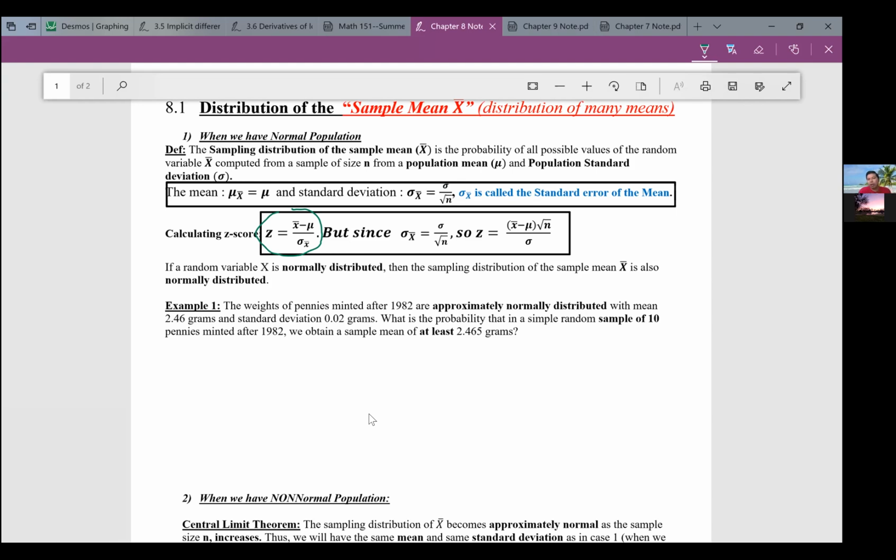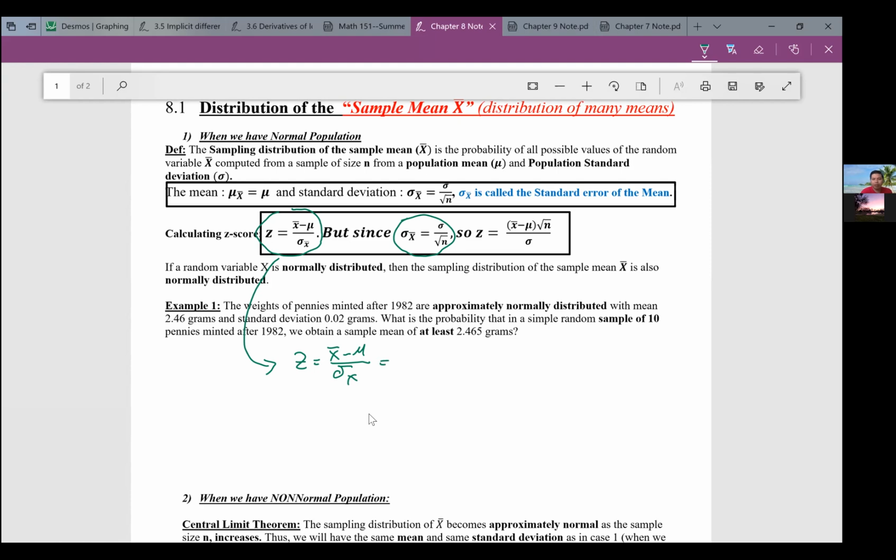However, there's a modification of that formula where we can go directly and use it without doing the second step. We consider sigma x bar is equal to sigma divided by radical n. I'm going to explain this to you right now. z is equal to x bar minus mu over sigma x bar.